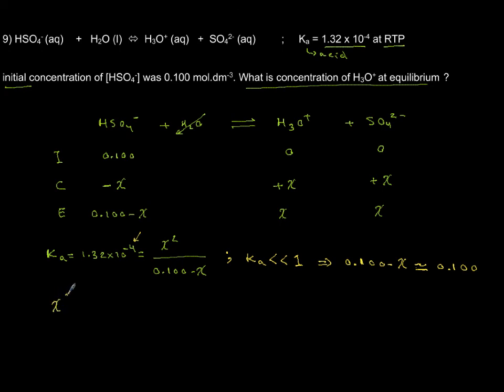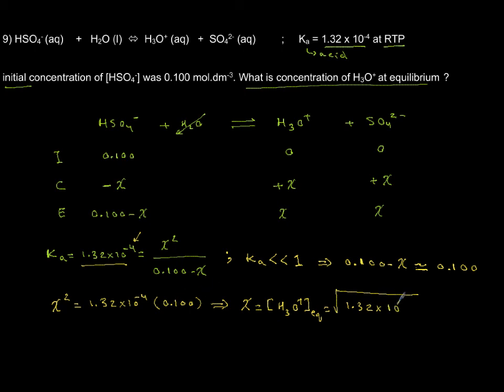So X squared is equal to Ka times 0.1 minus X, which we decided becomes just 0.1, so 1.32 times 10 to the minus 4 times 0.1. If you take the square root of both sides, X comes to life, which is hydronium at equilibrium, and it's simply equal to the square root of 1.32 times 10 to the minus 4 times 10 to the minus 1.